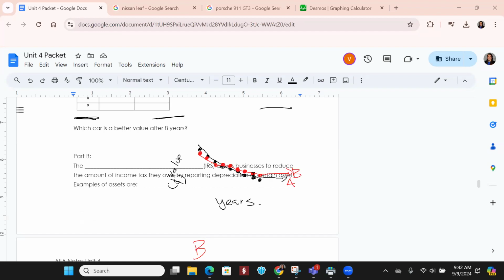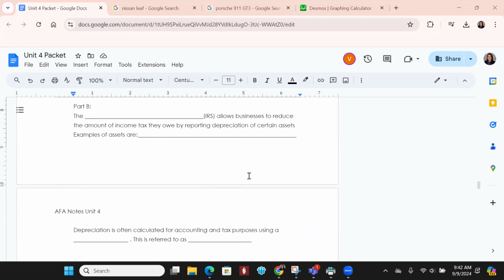What does the IRS stand for? Yes. Internal Revenue Service. It allows businesses to reduce the amount of income tax they owe by reporting depreciation of certain assets.